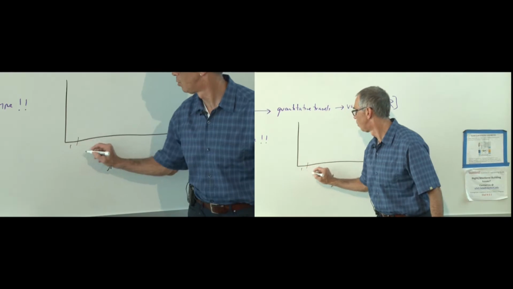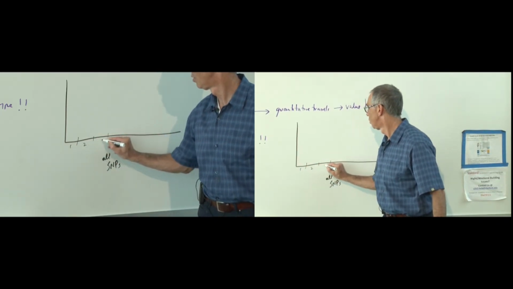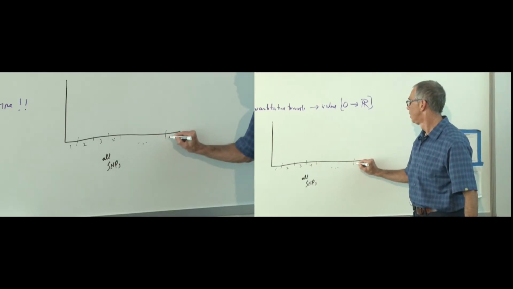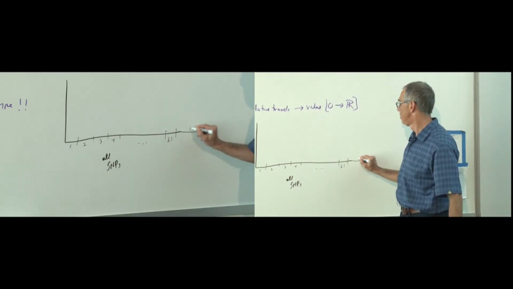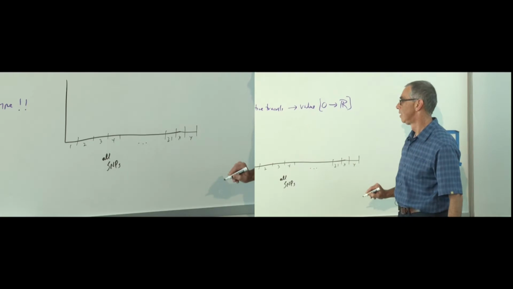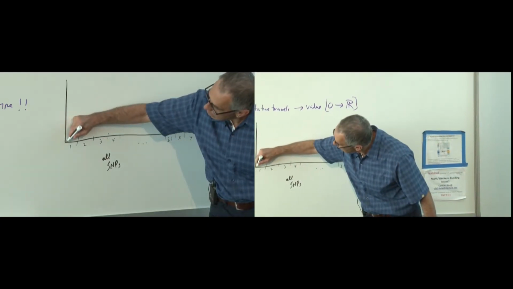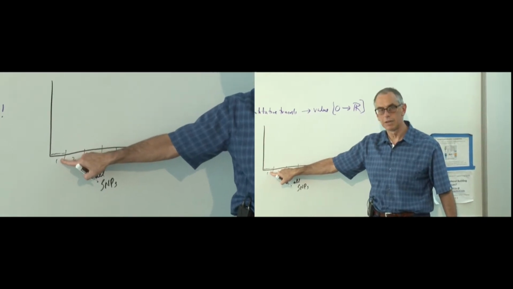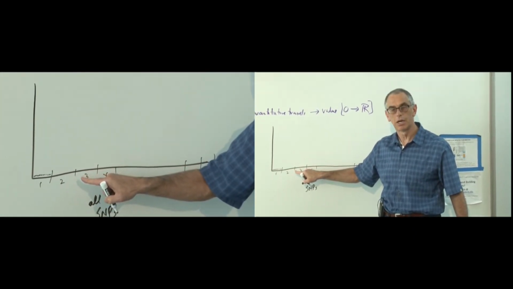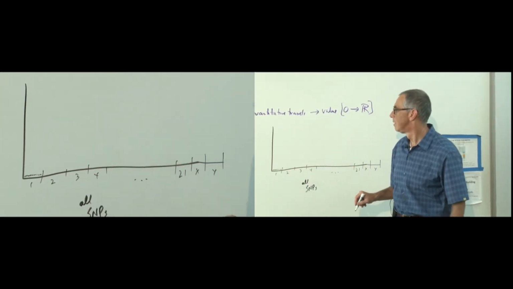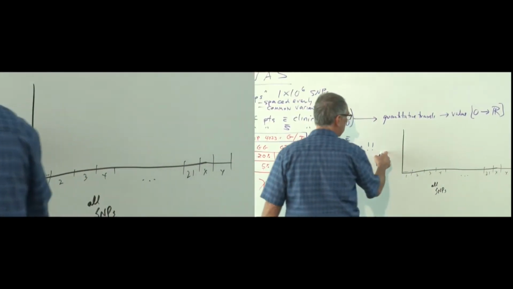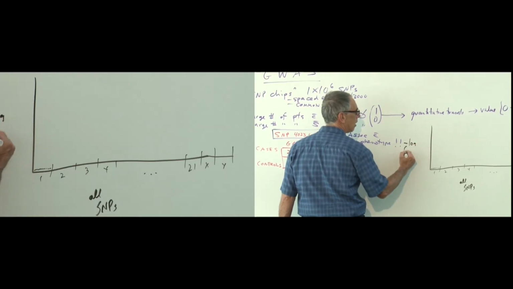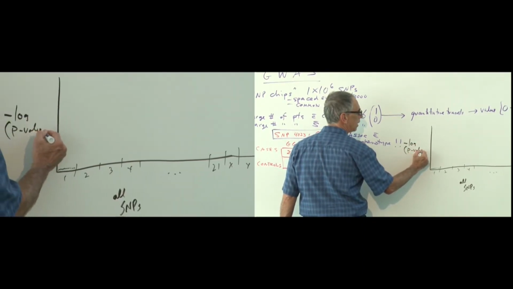So here we have chromosome 1, chromosome 2, chromosome 3, 4, ... 21, and then maybe even X and Y. And there's literally, well, not zillions, there's many millions of SNPs on each of these chromosomes. And then what we plot here is negative log of the p-value of the chi-squared test.